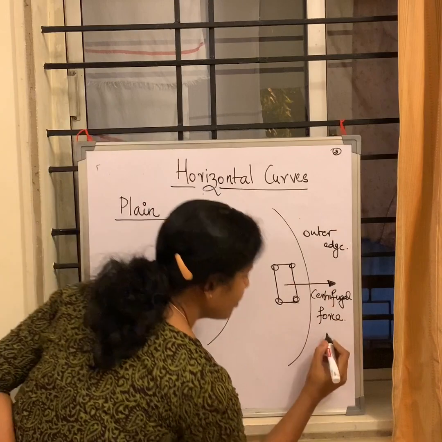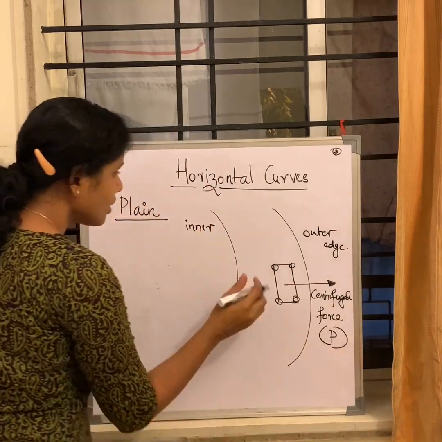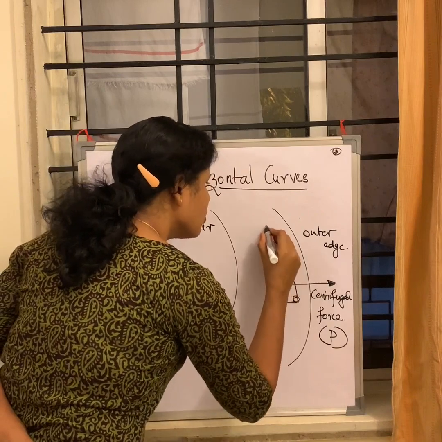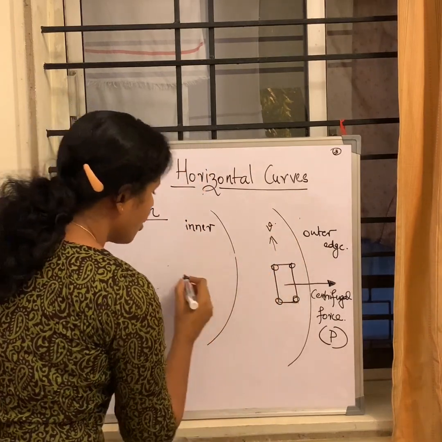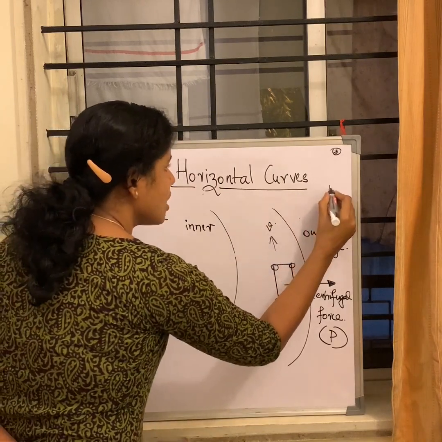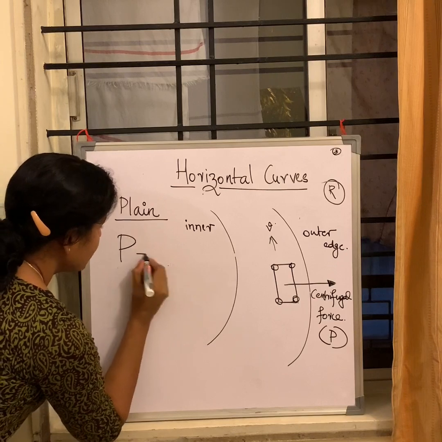Now this centrifugal force I am going to call P. Now I know that my vehicle is moving with a speed of V in meters per second, and I have my radius of curve as R in meters. So let's write our centrifugal force equation.